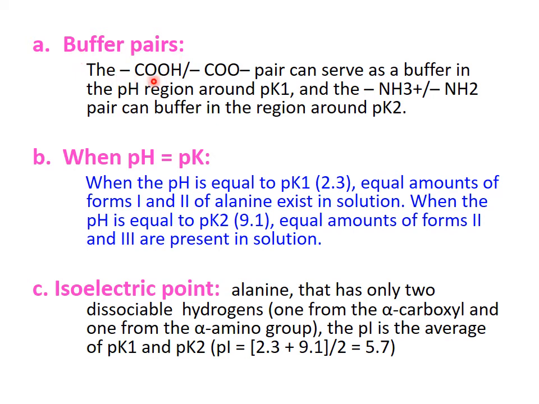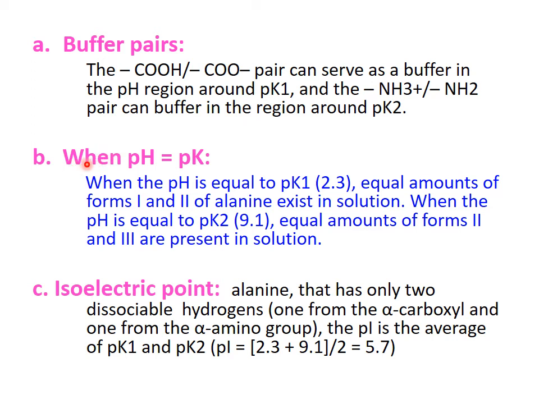The first one is COOH, COO-, which has a pK1, the dissociation constant for this buffer pair. And for the amino group buffer, it has the pK2, dissociation constant number 2, because it is less acidic than the carboxylic group.